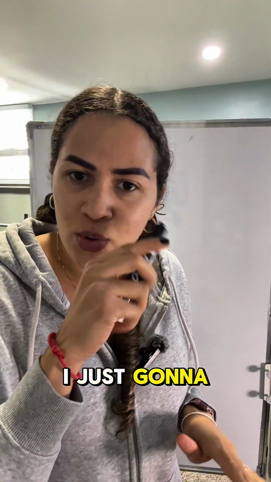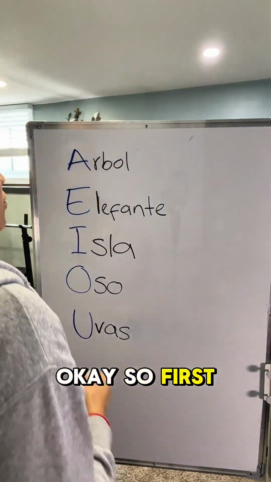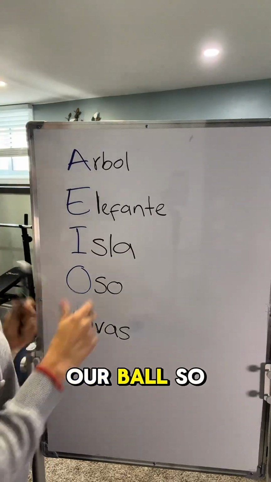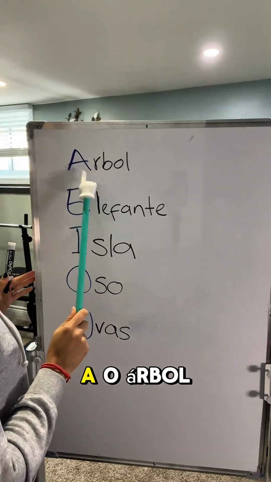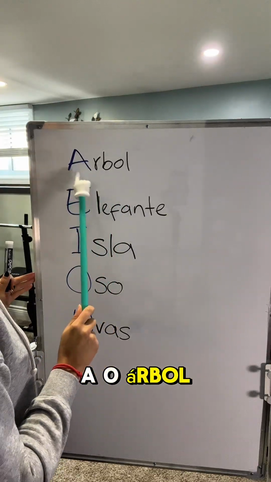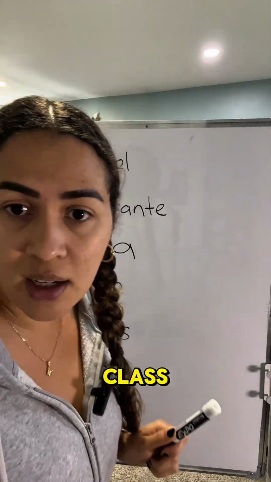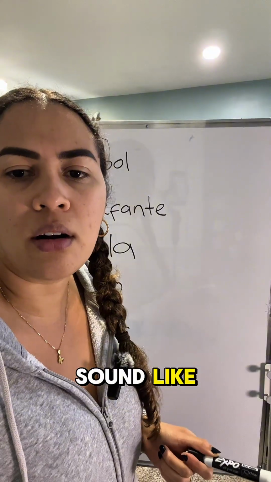Now I will give you an example of each word and I won't tell you what it is. I'm just going to draw it and you will find out what it is, okay? So first of all, this one, árbol. So see, always the same, A, O, árbol. In the next class, I will teach you how to pronounce the R sound.